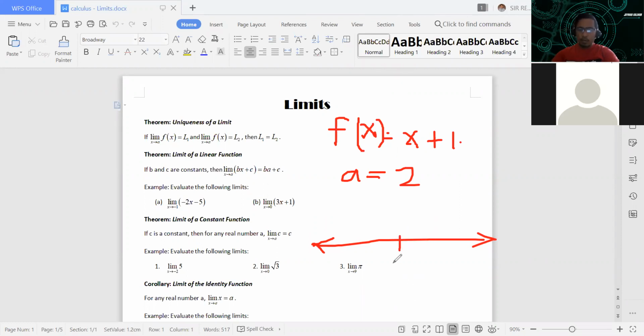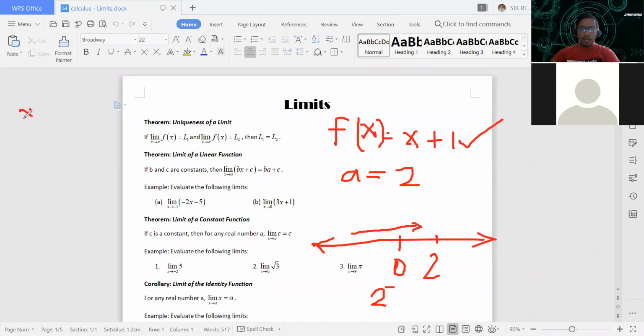If this is 0, 2 must be somewhere here. Right? So what you're going to do is look at what will happen to your f of x as you get values from the left hand side of 2. For those values from the left hand side of 2, what will happen to your function as you get values here? That is what we test.